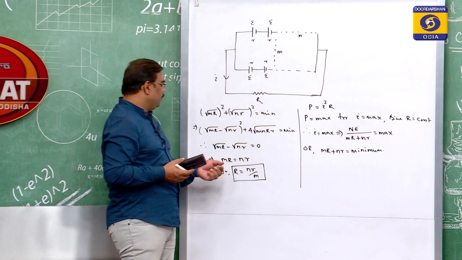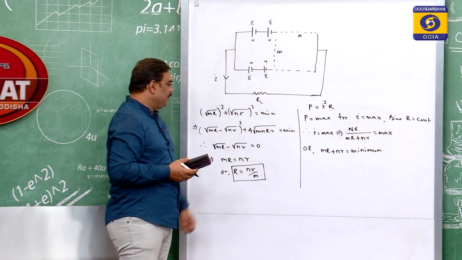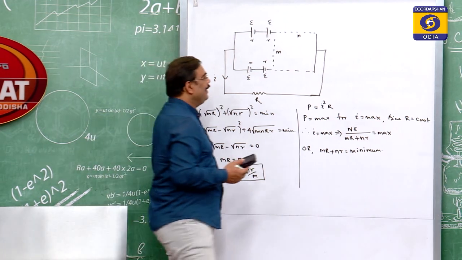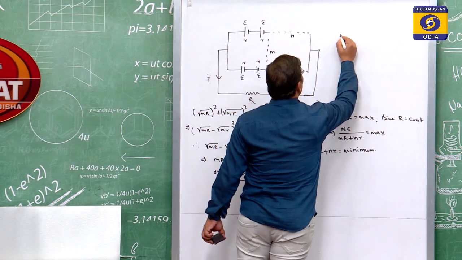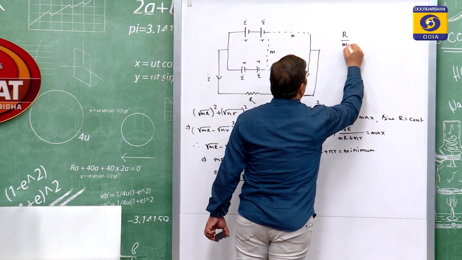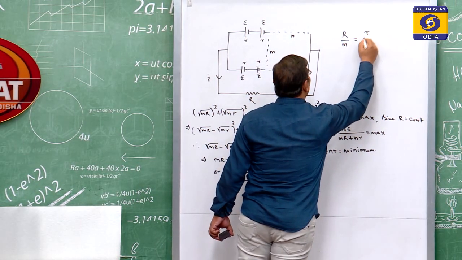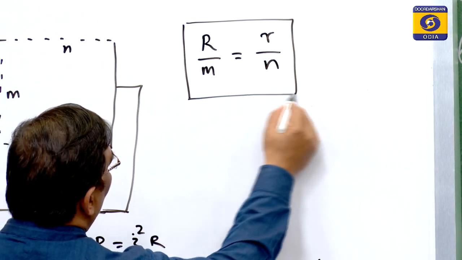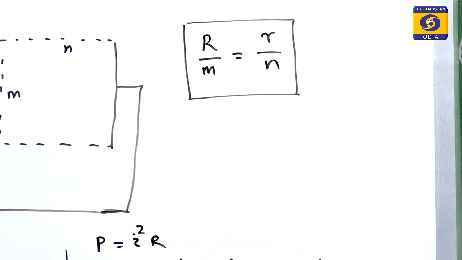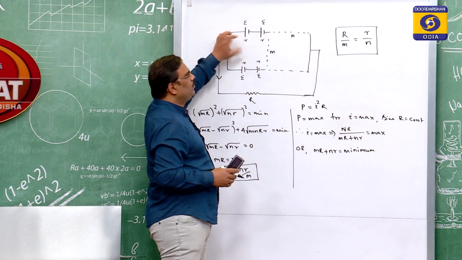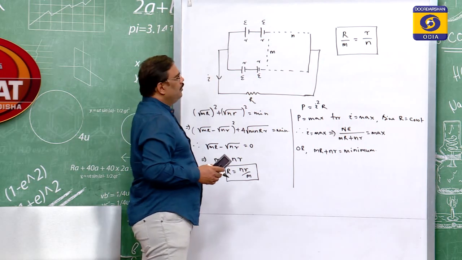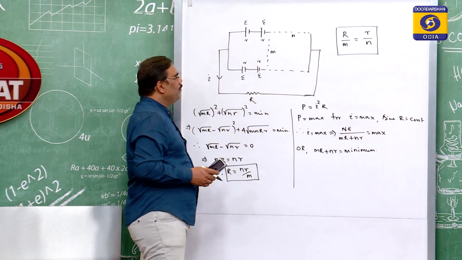Okay. So, for R equal to nr by m, or R by n equal to small r by m, or we can say R divided by m equal to small r divided by n. This is the condition for a mixed grouping. A mixed grouping network gives maximum power across the load.